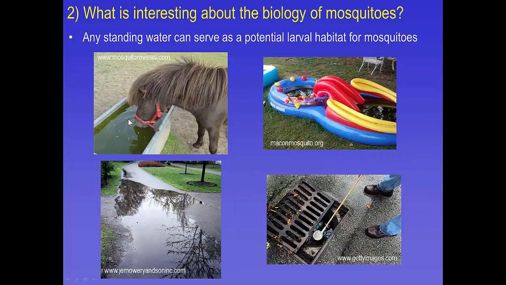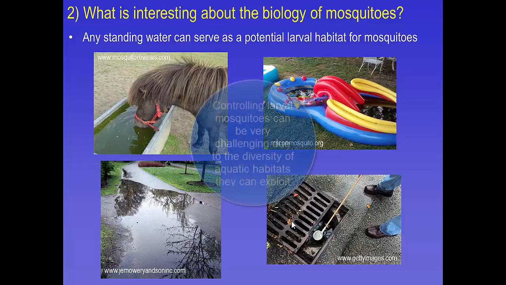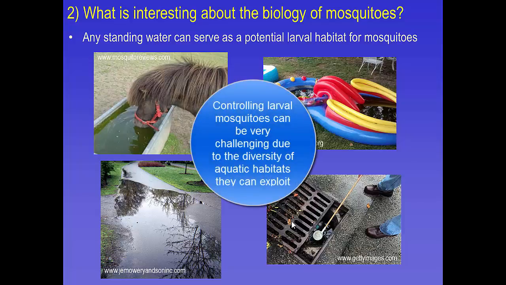Some other examples would include feeding or drinking troughs for animals, kiddie pools or toys left out in yards, poor drainage on properties, and even the water and sewer systems are all fair game for mosquitoes to potentially lay their eggs and develop. Thus, it's very challenging to control mosquitoes since there are so many potential aquatic habitats for them to develop in.